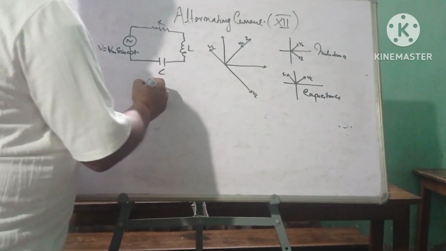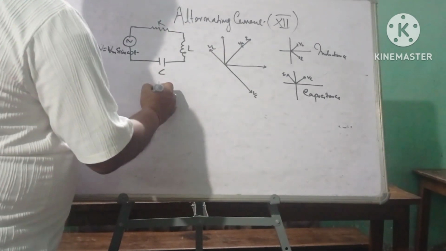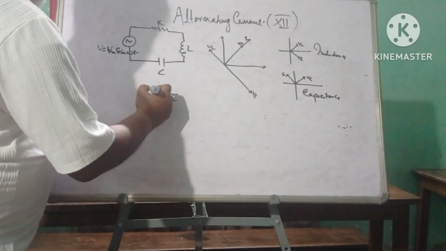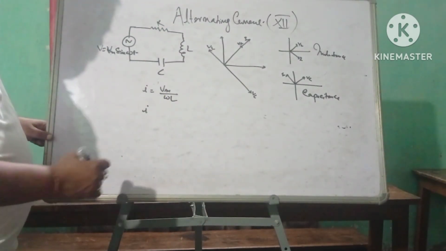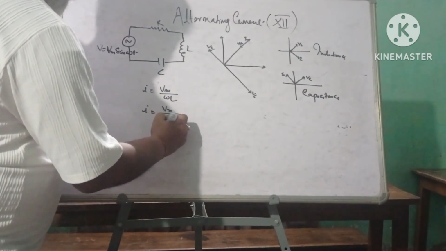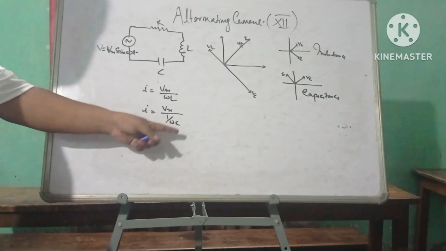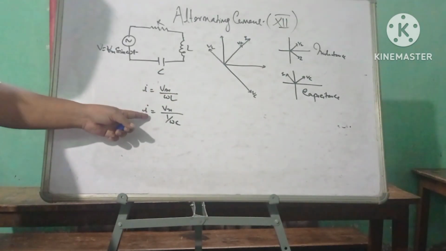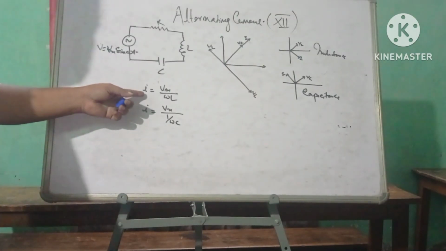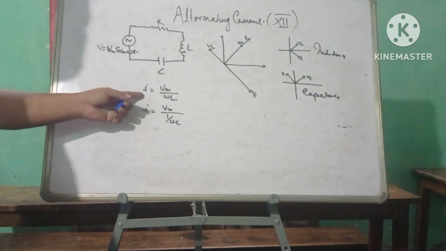For inductance, I is Vm by omega L, and for capacitance, it will be Vm omega C, so omega C comes to the numerator. From here we find that the current in the capacitance is more than the current in the inductance.